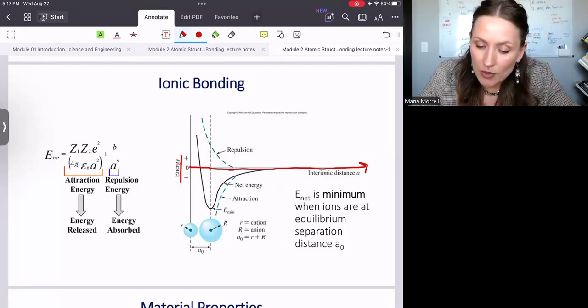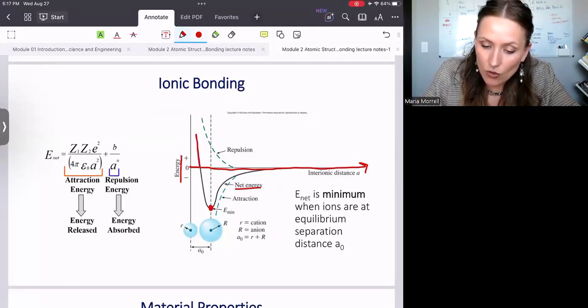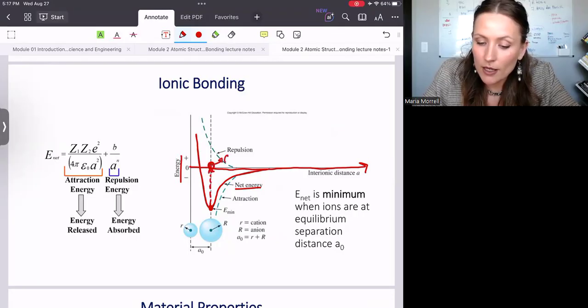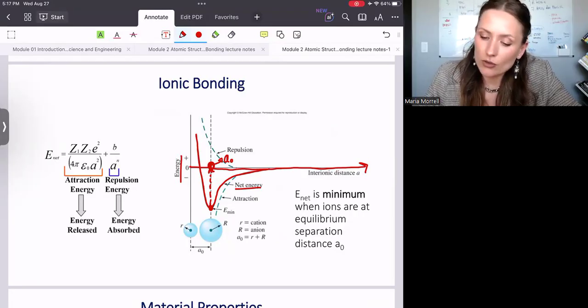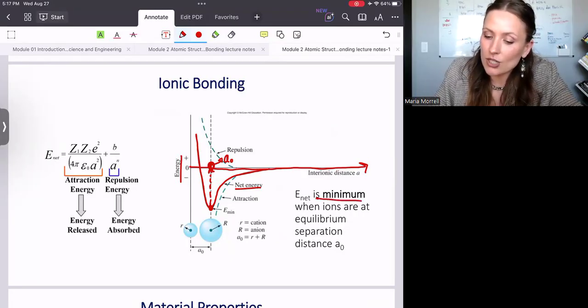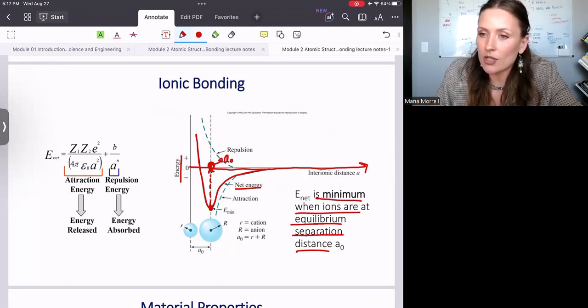So that means there's the minimum, because this is my net energy. This is what I would draw. And that means that this distance right here is going to be my A naught. I could ask you something like that, and right here I'm saying that the net energy is minimum when ions are at equilibrium separation distance.